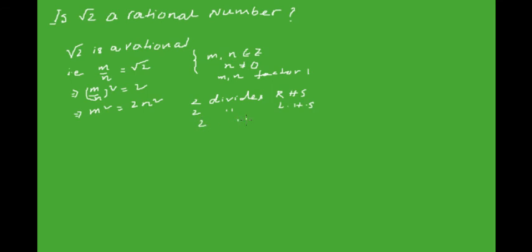If m square is divisible by 2, then as per theorem 1, where m is an integer, m is also divisible by 2, as 2 is a prime number. So from this we can prove that m is divisible by 2.